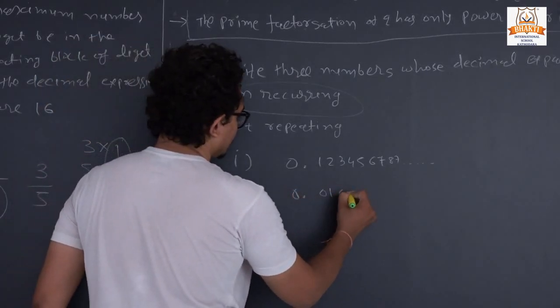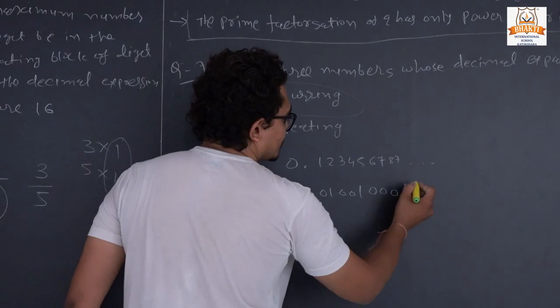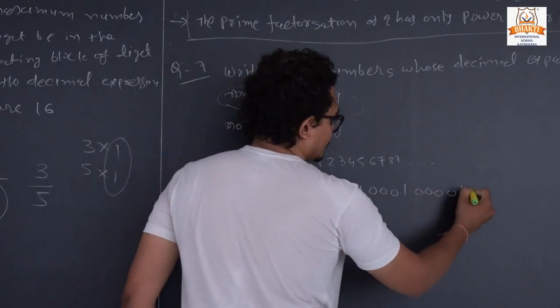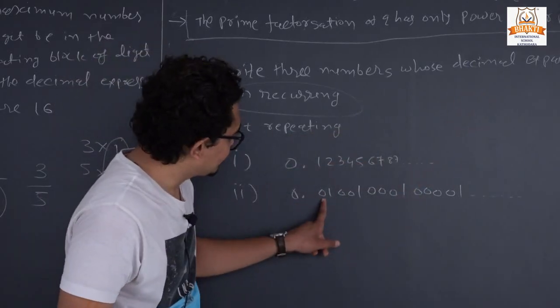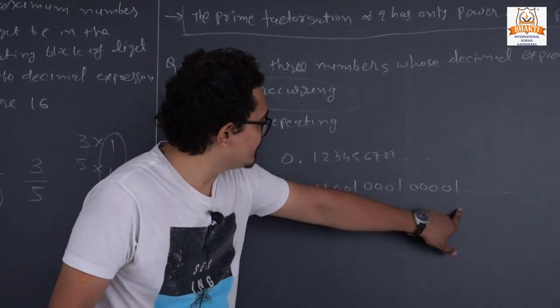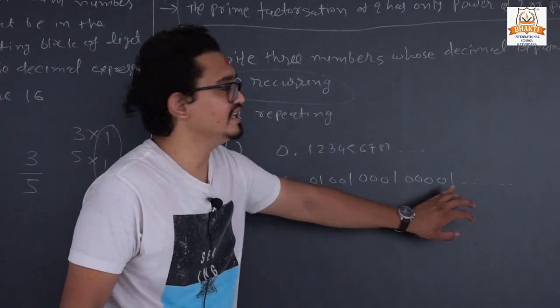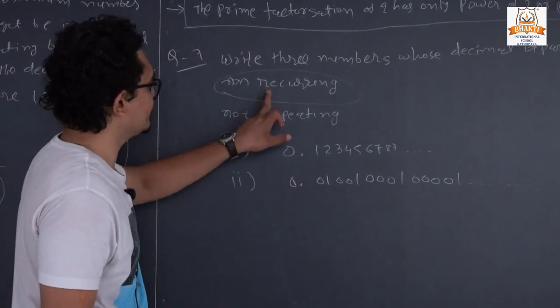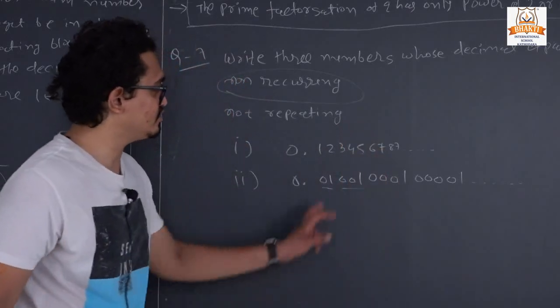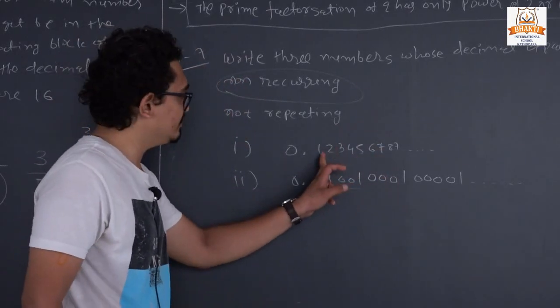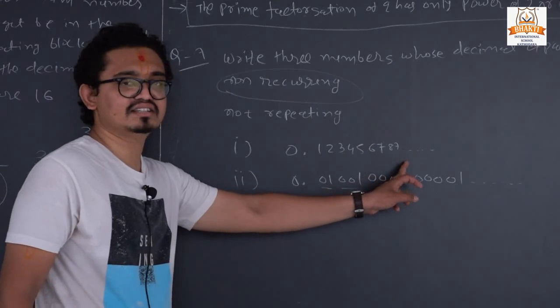Second, 0.01, 001, 0001. So once again you see that it is non-terminating, we cannot get the remainder as 0. And the second thing is non-recurring, so digits are not repeated. Here 01, then 001. So it is not repeating. Same here, 1 2, then 3 4, then 5 6.